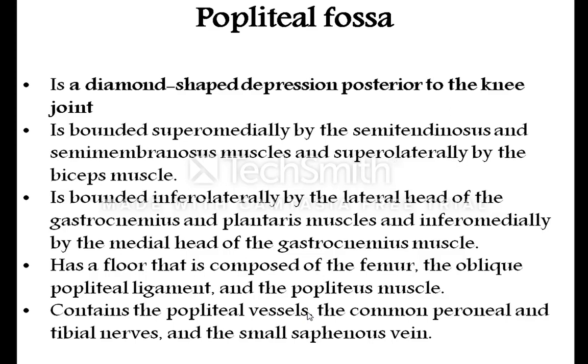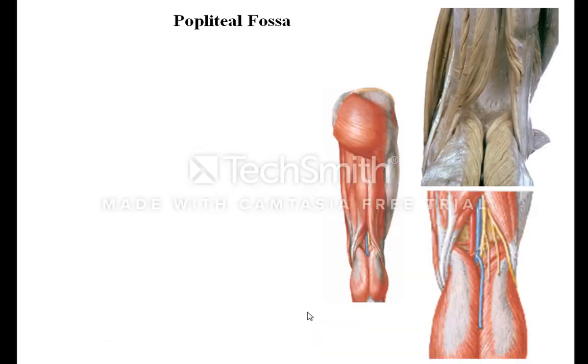The floor is formed by the popliteal surface of the femur, the oblique popliteal ligament, and the popliteus muscle. Contents include the common peroneal nerve and tibial nerve, small saphenous vein, and popliteal vessels, artery and vein.